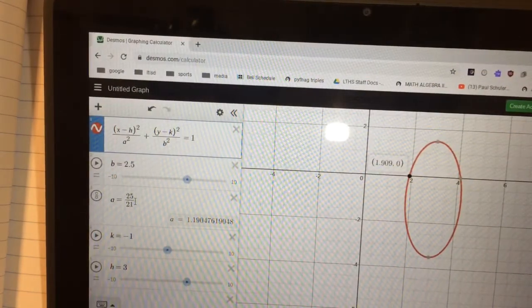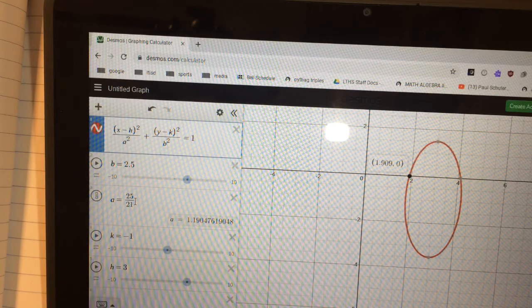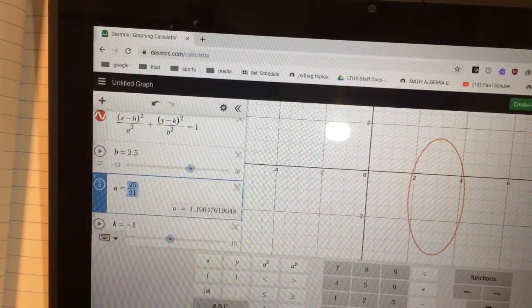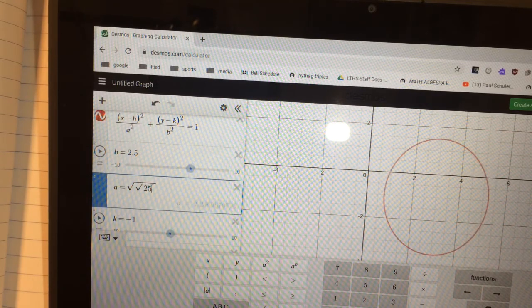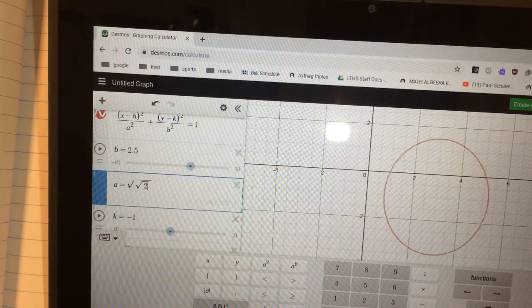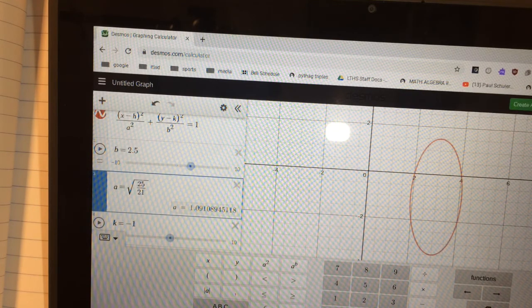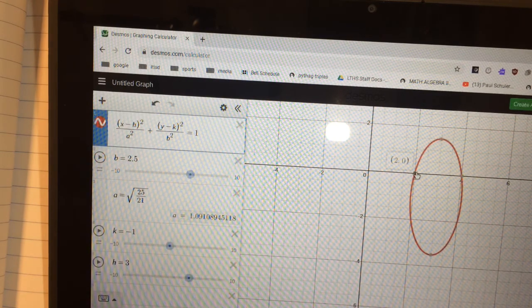The 25 over 21 is actually the squared version of that, right? So it should be the square root of that. Oh, I killed it. There we go. Oh, I did the double square root. Even worse. There we go. Oh, that looks much better. So there you go. It's right there. (2, 0), right on the money.